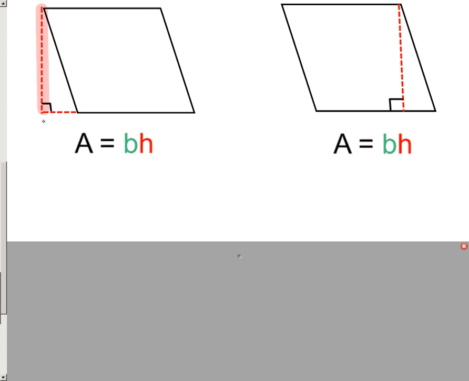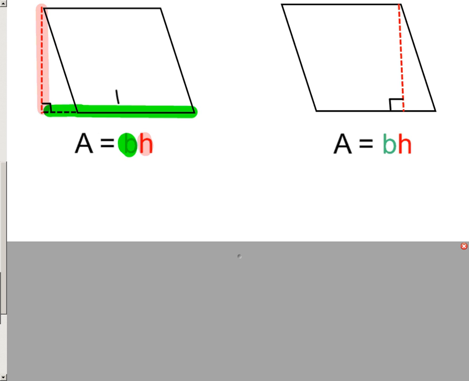So this would be the height, okay? And then the base is whatever it's sitting on, or it should be where the height would intersect to where this is at 90 degrees. And you see there, these two lines would eventually, if you extended them, connect and hit at 90 degrees right there. So that's our base.